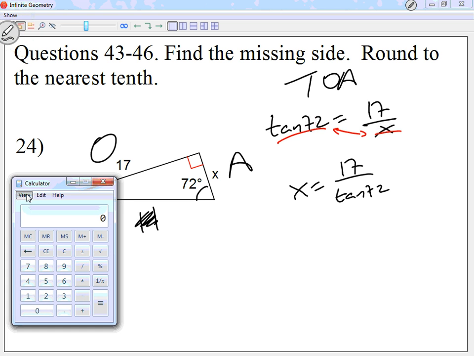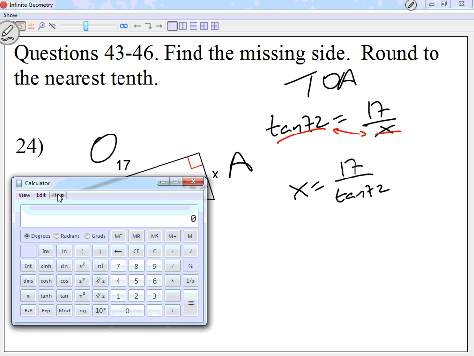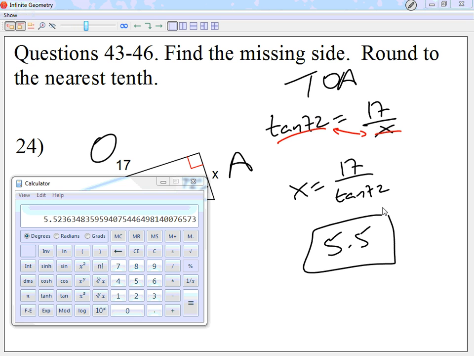I want it scientific. Okay, so I'm just going to go 17 divided by tangent of 72. In my case, I have to do 72 tangent. And it tells me it is 5.52. So I'm going to call this 5.5. Any questions on these?